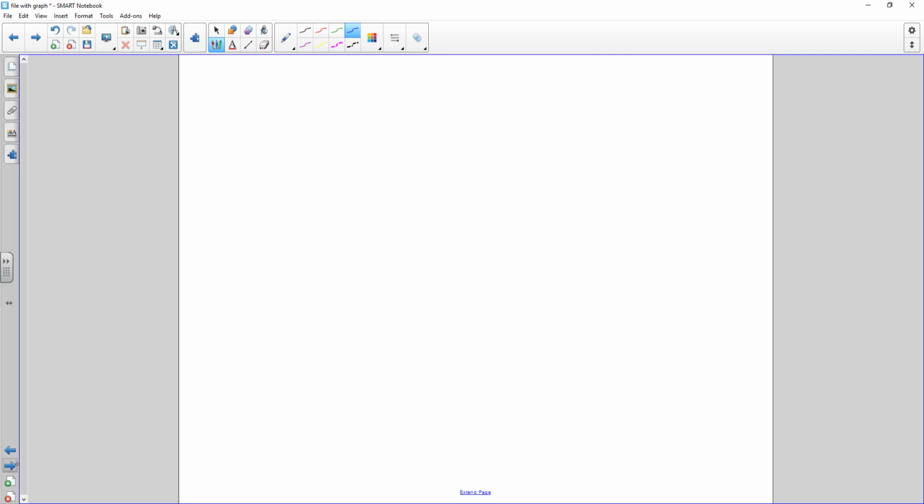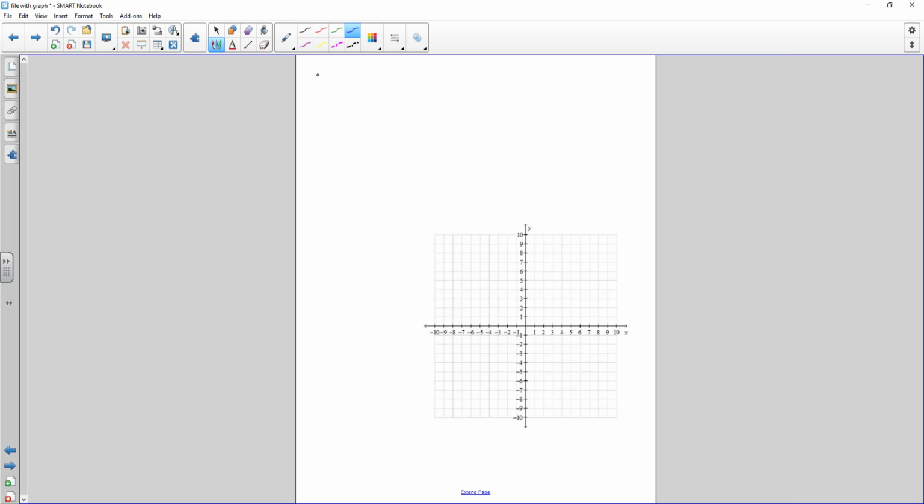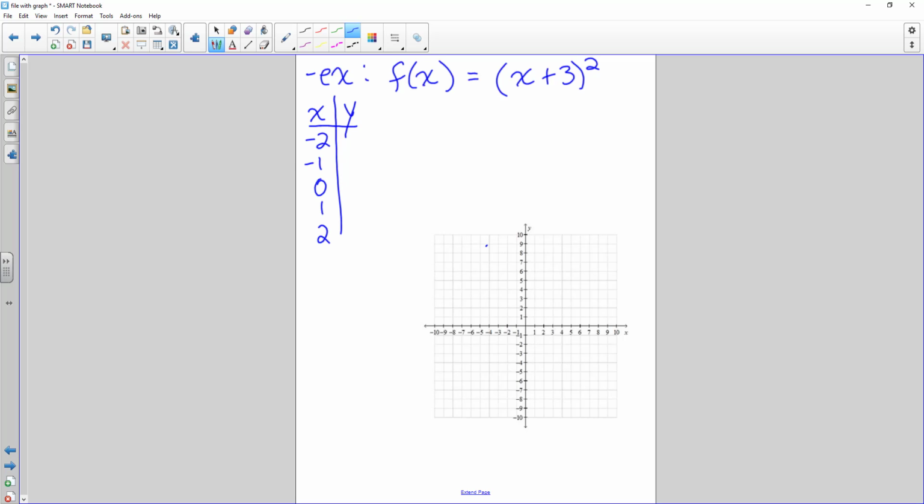Let's see what happens in this one. This is another difference: f of x equals, in parentheses, x plus 3, squared. So still plus 3, but now it's inside the parentheses. Let's look at the difference with this. If I plot some points: 0, 1, 2, negative 1, negative 2.